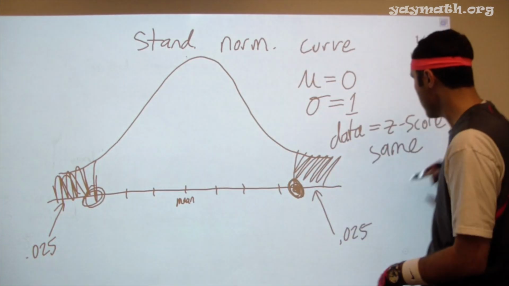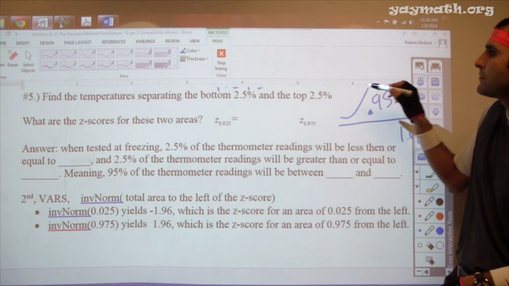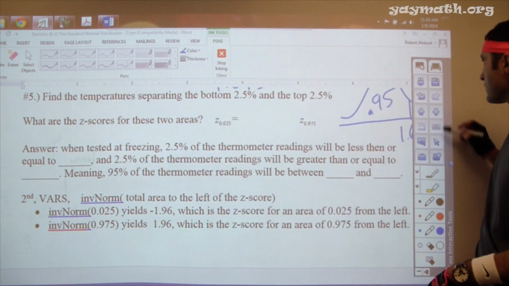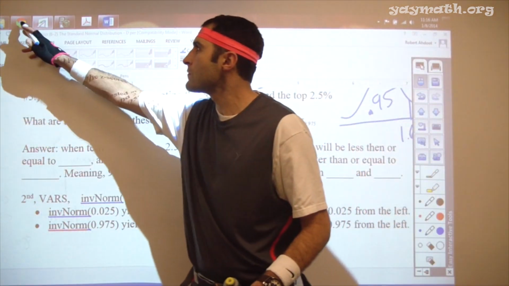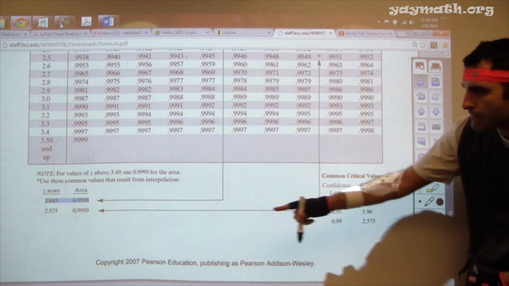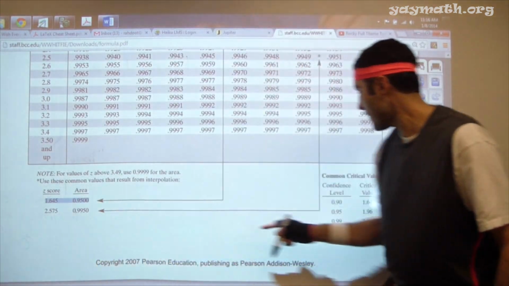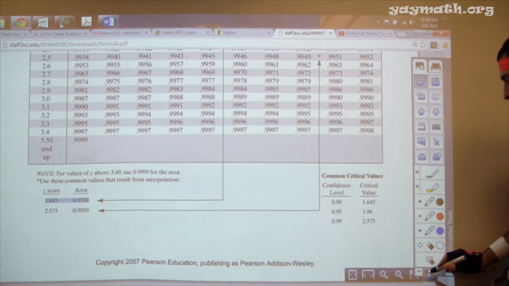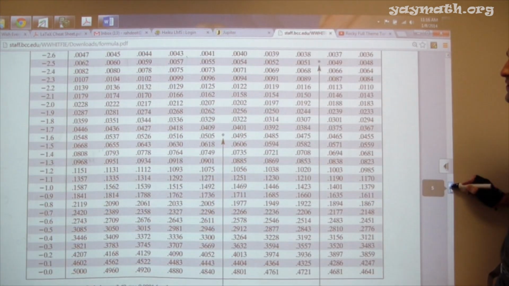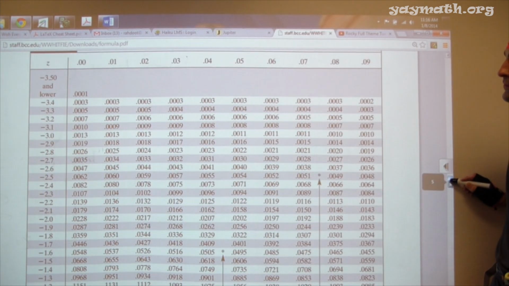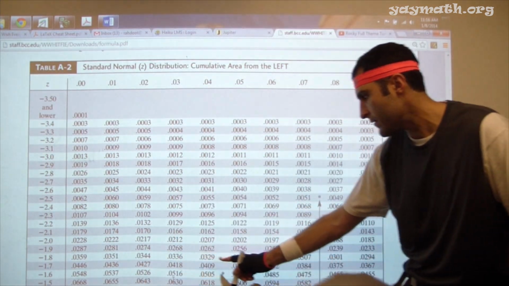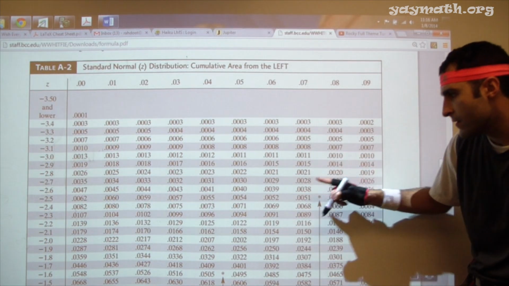2.5% to the right is in our table. Here we go. Okay. Where is an area of 0.025 to the left, or 0.025 to the right? Where the star is?